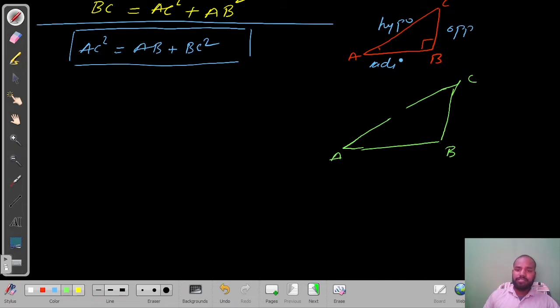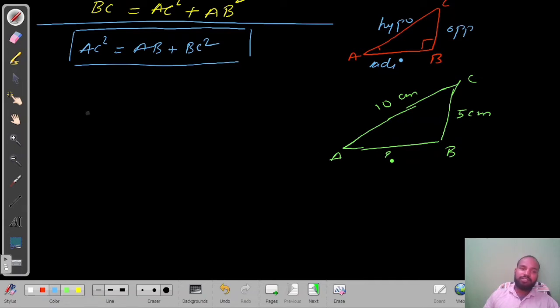So the hypotenuse is 10, and one opposite side is 5 centimeters. Now what is AB? Question mark. Now we need to find AB. So how do we find AB here?